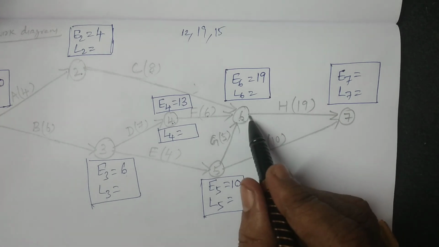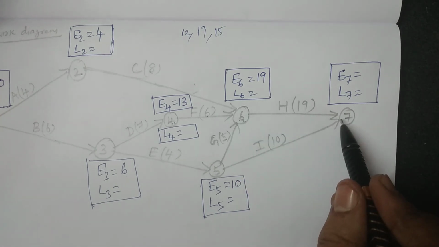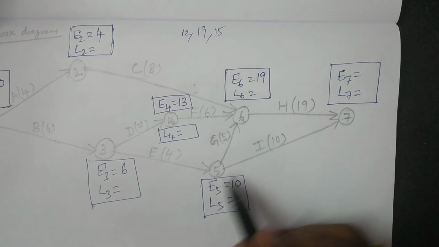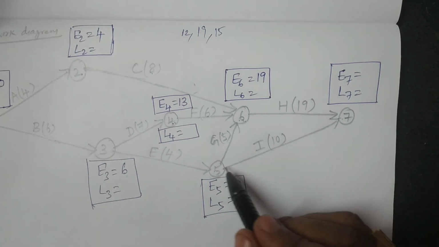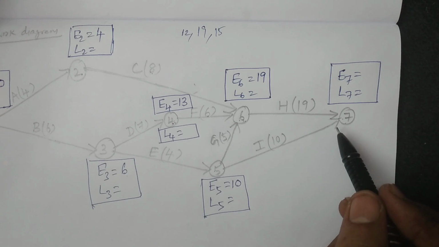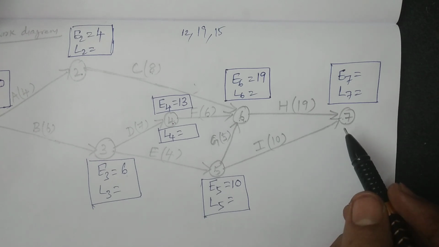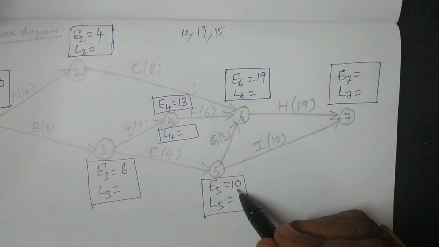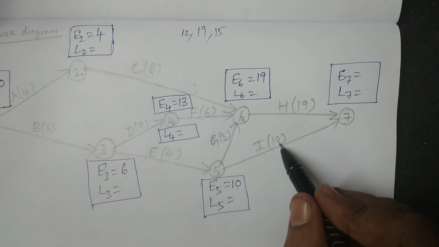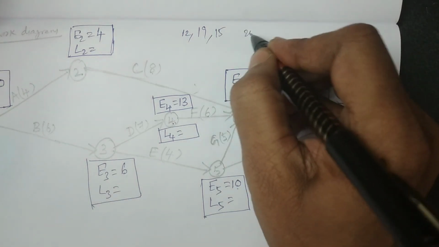And coming to the last one, that is E7. It is connecting with two connectors, from 6 to 7 and 5 to 7. So therefore you calculate two values and take the maximum. E5 is 10, plus D5,7 which is 10, 10 plus 10, 20.